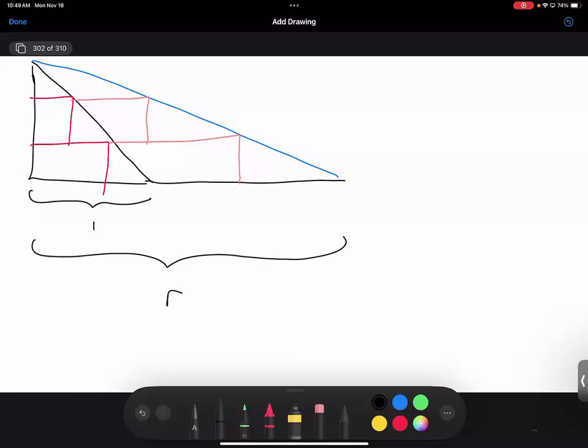So if this was U and this was V, how much is U going to be rescaled as we swing things out?